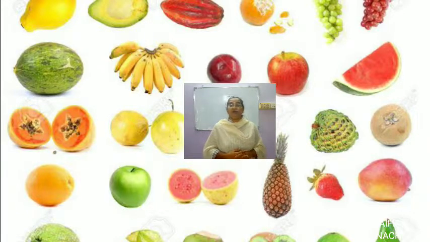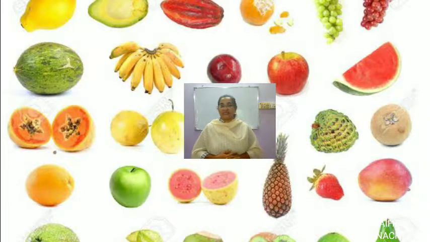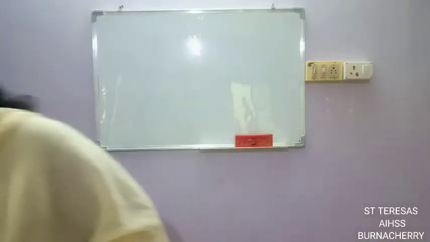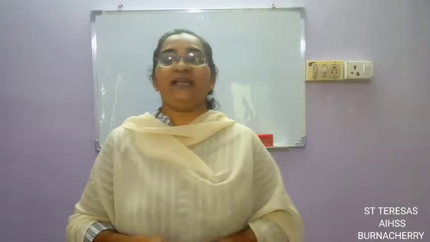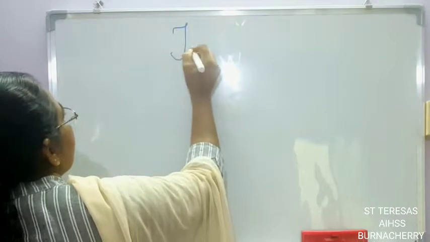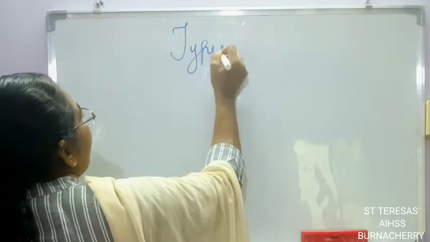No, all the fruits are not of the same type. Why is it so? It is because of the structure of the flower. There are different types of fruits. So today we are going to learn the types of fruit.